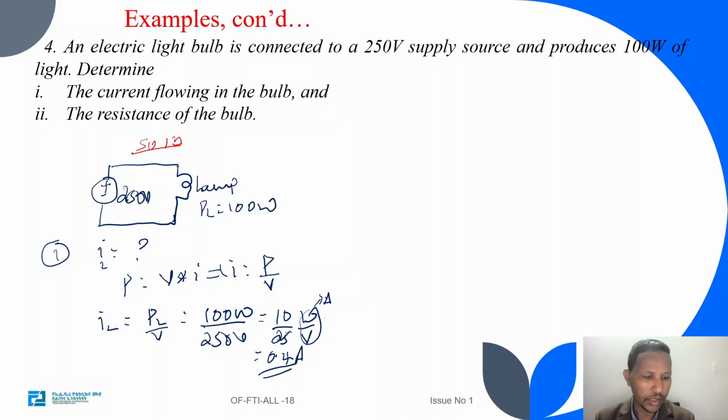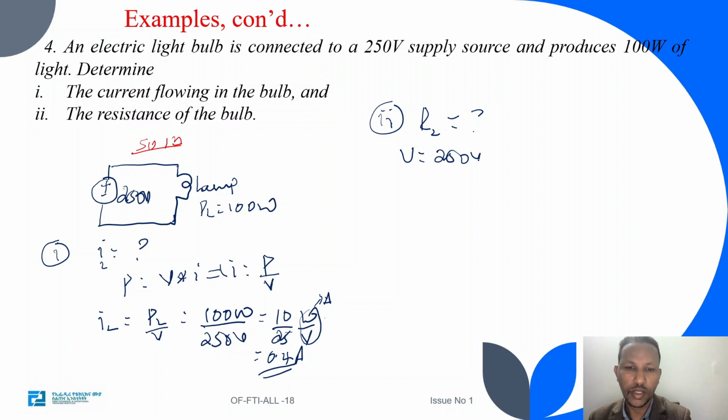The second one, we are asked to determine the resistance of the lamp. Second one, which is RL, how much? For this case, we have the source voltage, which is 250 volt, and the current I, which is equal to 0.4 ampere.